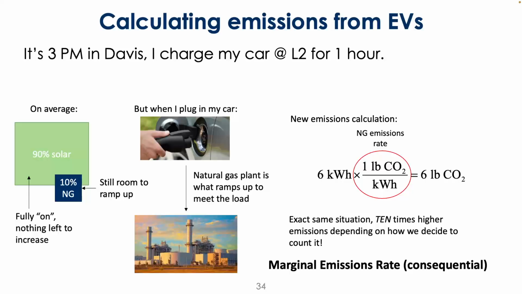But I think for you guys, the big takeaway is that whenever you see studies or papers or even media articles about how clean an EV is compared to a gas car, that depends a lot on the way that people have approached this and how they've done the calculations, right? We can see, even in just this mini example, you can have a 10x difference in the amount of emissions. So something to keep in mind. Okay, any questions about this?